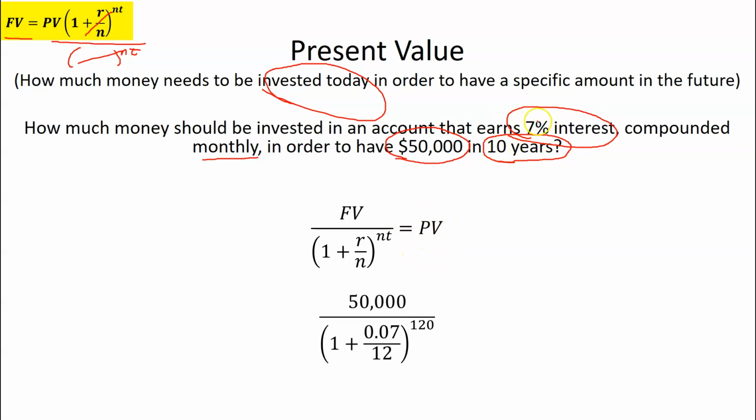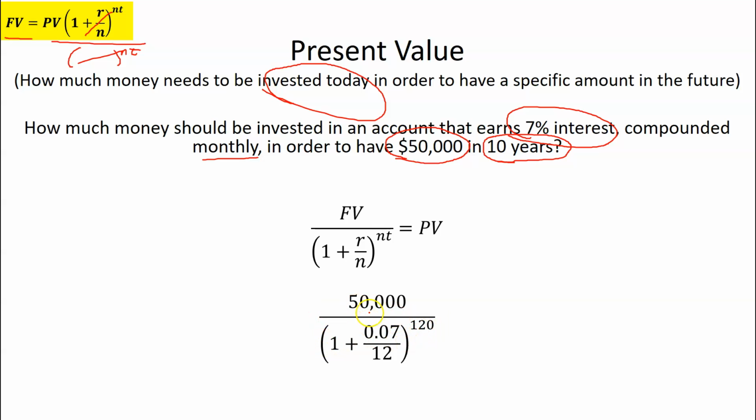So I just plug the stuff in. Don't forget, you always insert the interest rate as a decimal, not as a percent. So 0.07. Of course, monthly is going to be 12 here. The 120 is 12 times 10 years, because it's got to be the number of times a year times how many years. Because how many times are we compounding it? That's what this is. How many times are we multiplying by this guy? 120 times.